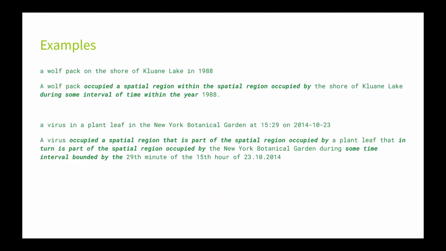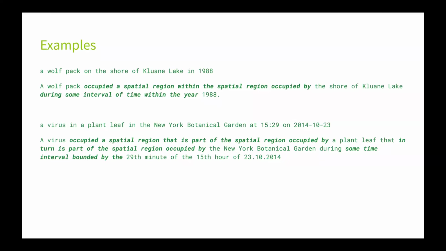In terms of spatio-temporal regions, this would get interpreted as the assertion that an unspecified number of wolf individuals, which in fact belong to a larger social structure as a pack, occupied a combined spatial region contained within the spatial region occupied by the locality identified as Turan Lake for some interval of time contained in the time interval indicated by the year 1988.